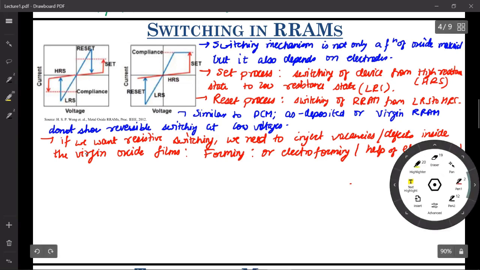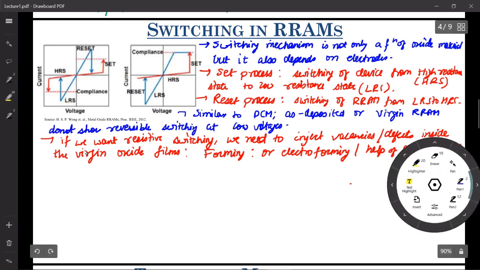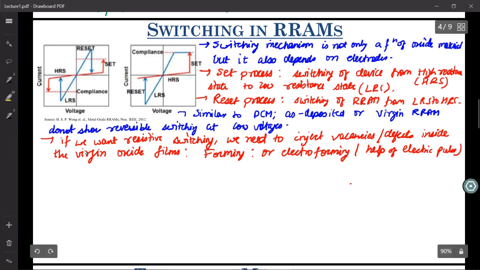Now, RRAMs can be differentiated based on whether the reversible switching is happening at the same polarity of pulses or at different polarity of pulses. So let me write it.